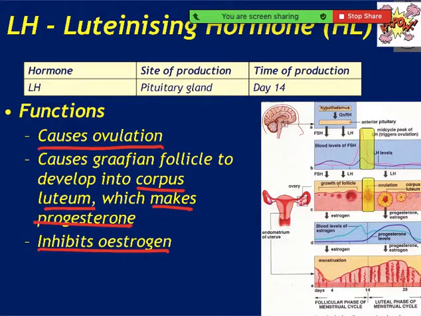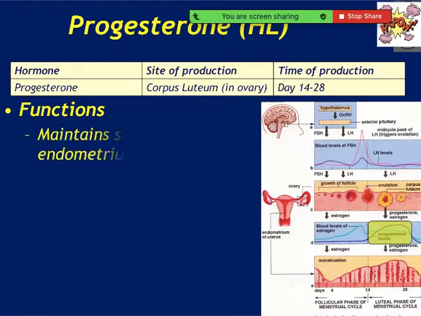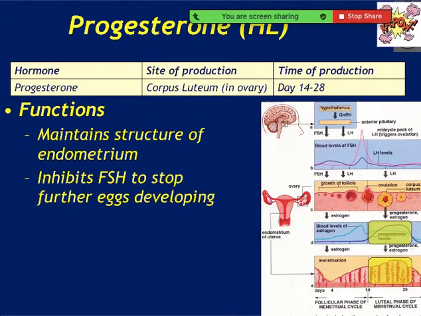Okay, and then our last hormone is progesterone. Progesterone is made in the corpus luteum. It's from days 14 to 28. It is responsible for the endometrium. It will inhibit FSH.